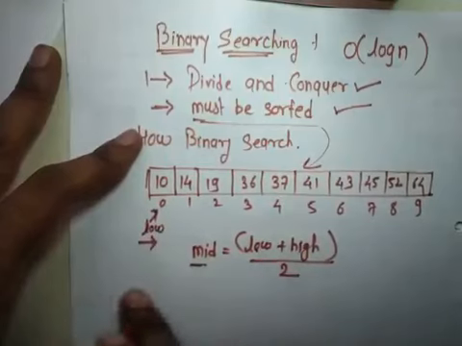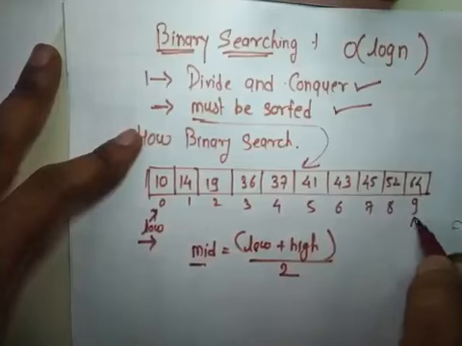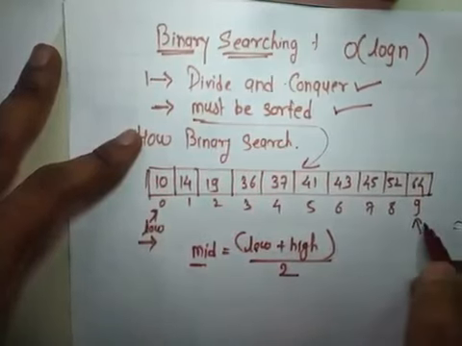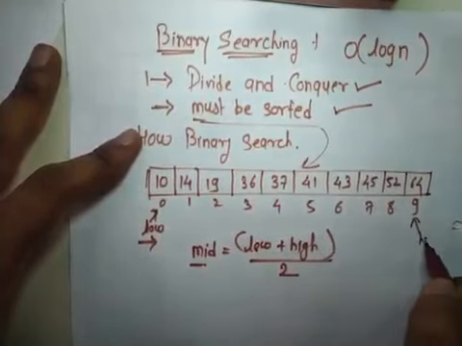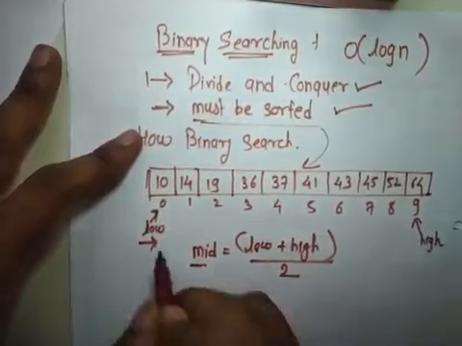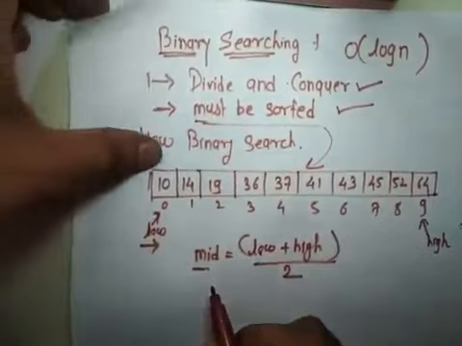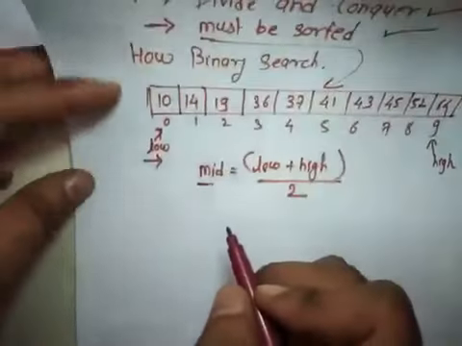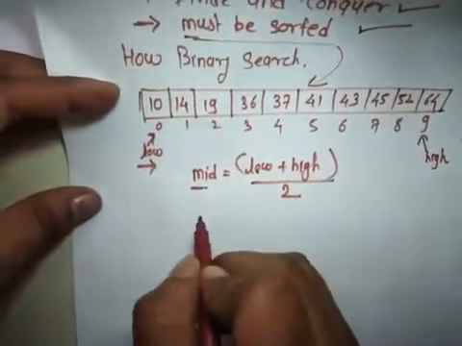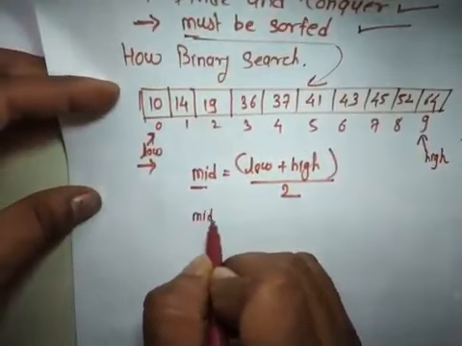Initially low is the lower bound of an array, and high is the higher bound of an array. So this is high and this is low. Now we are going to put these values, low's index and high's index, in this formula. So you will get the mid value.